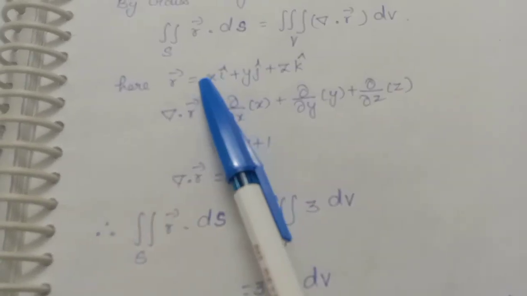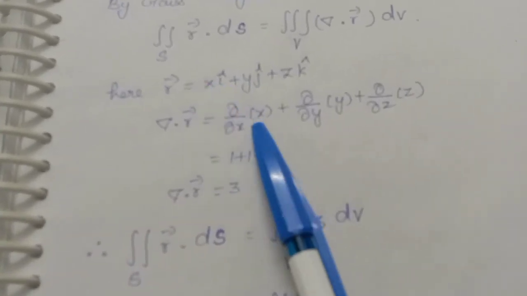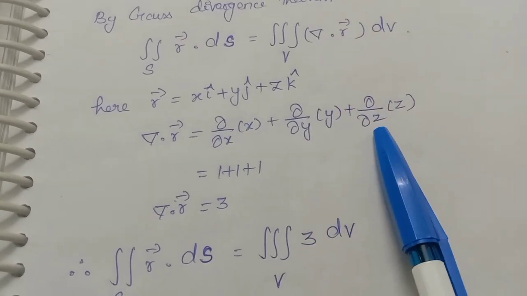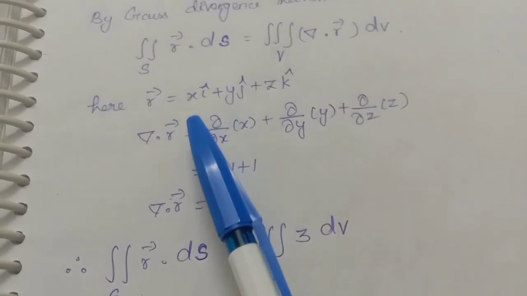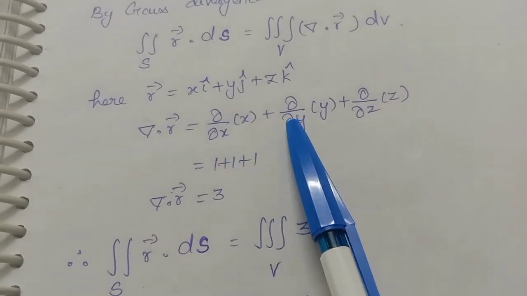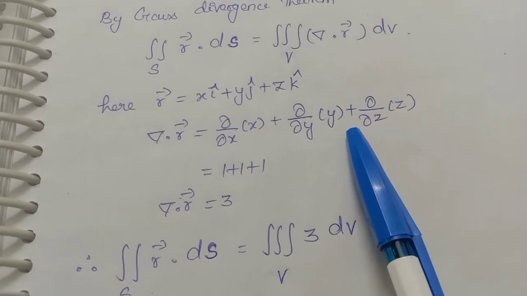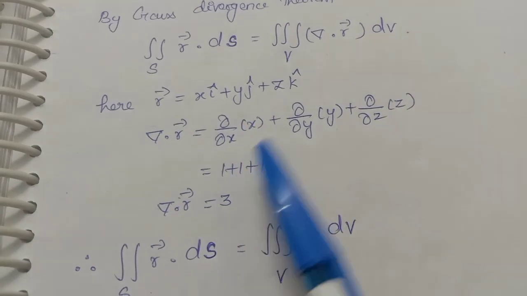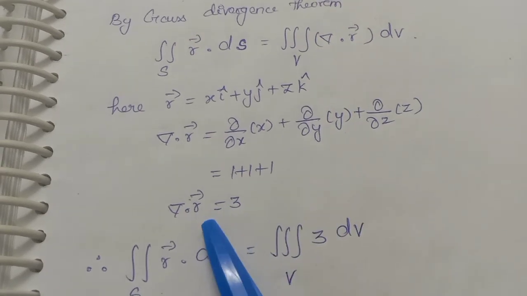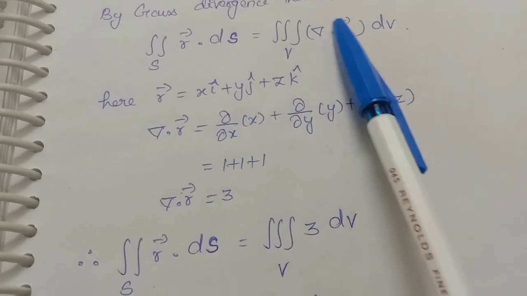To calculate it, differentiate the i component with respect to x, plus the j component with respect to y, plus the k component with respect to z. So dou x by dou x plus dou y by dou y plus dou z by dou z. So 1 plus 1 plus 1. So del dot r equals 3.